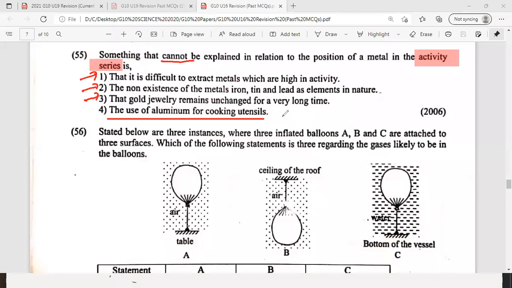Aluminium is the most abundant metal in the earth crust. Not out of all the elements, but out of all the metals, aluminium is the most abundant.